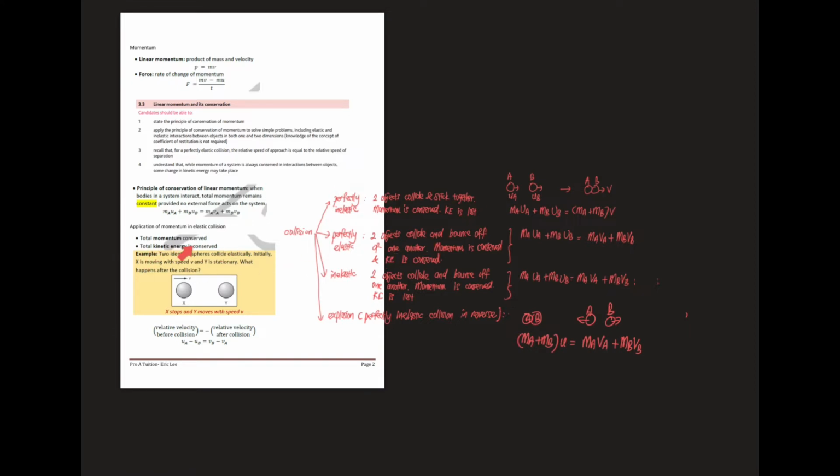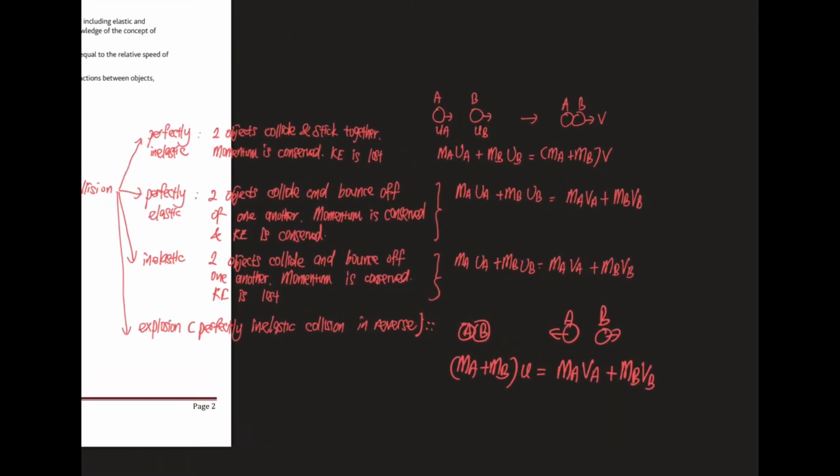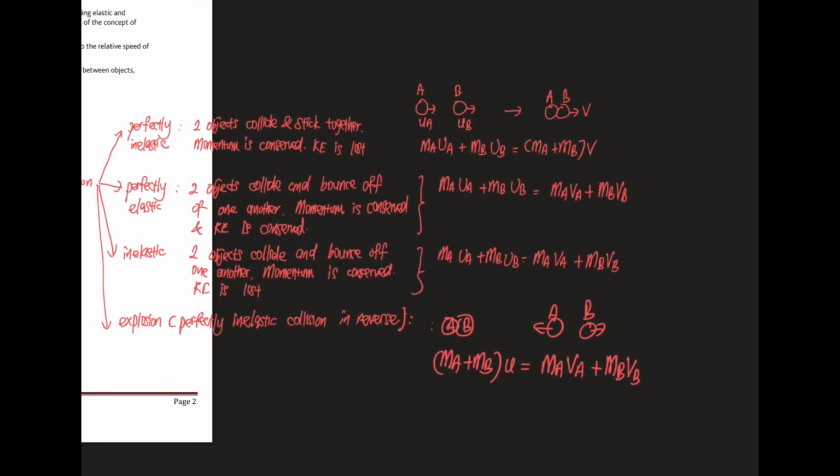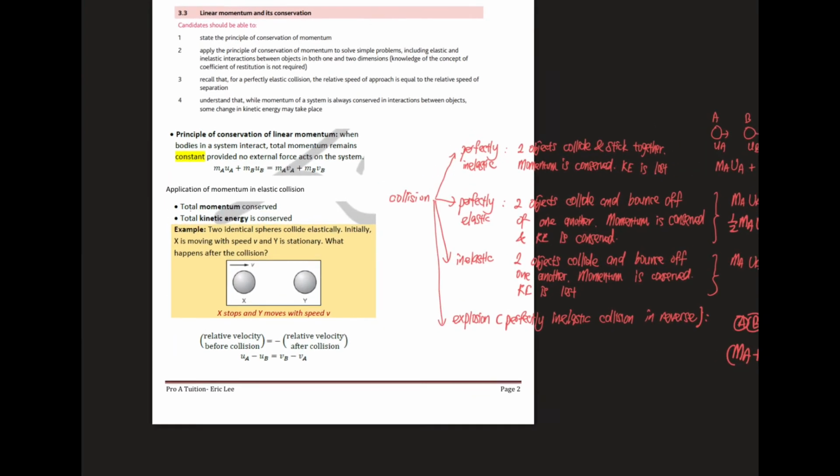Total kinetic energy is conserved. So for example, we can use this formula: 1/2 MAUA squared plus 1/2 MBUB squared equal to 1/2 MAVA squared plus 1/2 MBVB squared. So the kinetic energy is conserved. Okay, now let's move on.